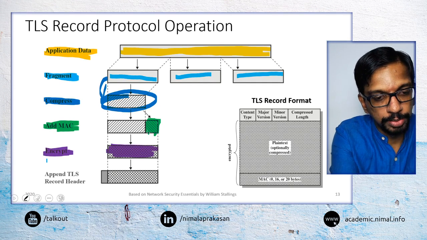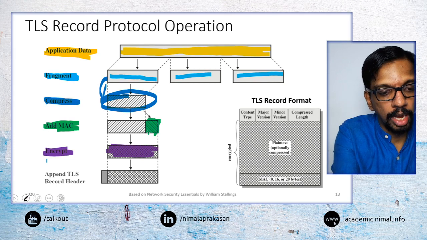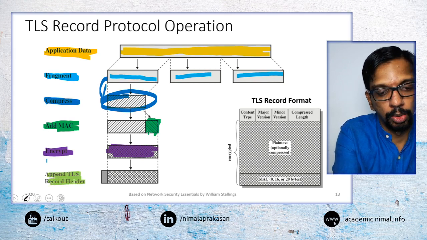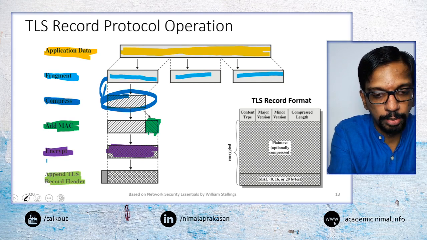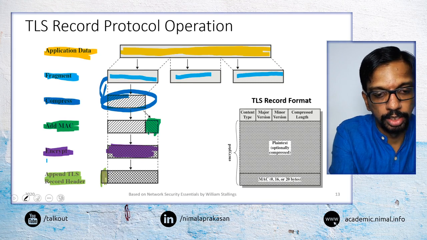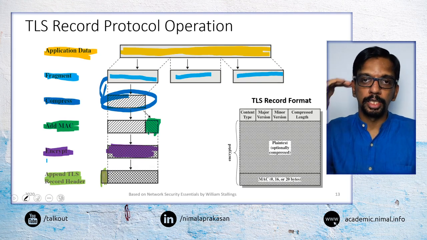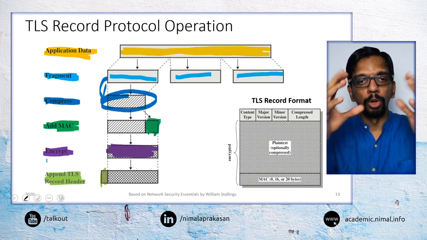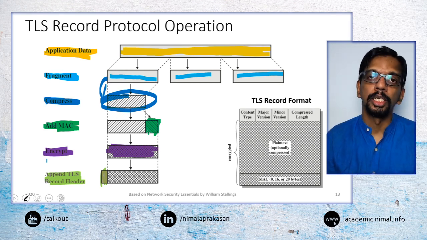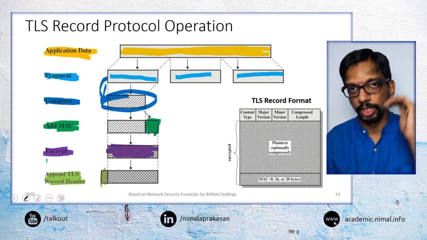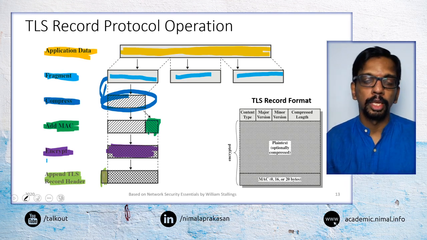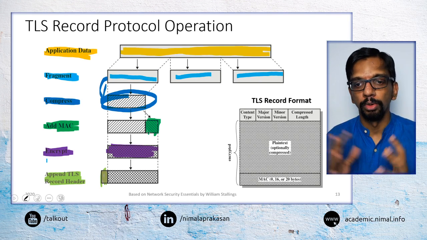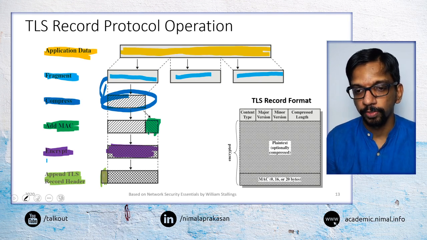Then after encryption, the TLS record header can be added. So that is the basic operation of the TLS record protocol, and this is the way that it creates a record for the purpose of communication.